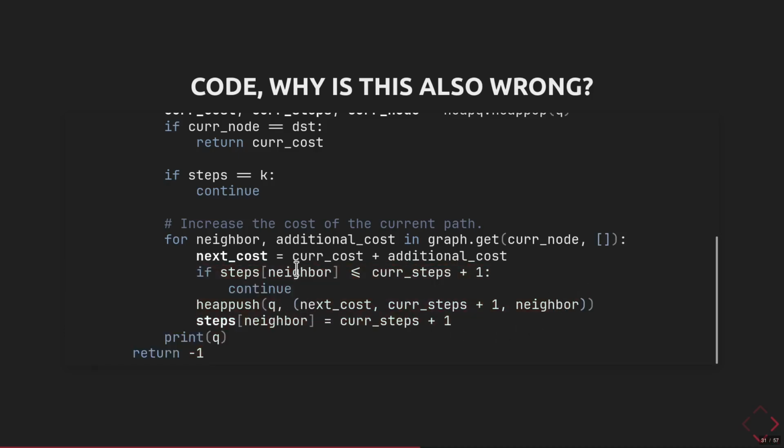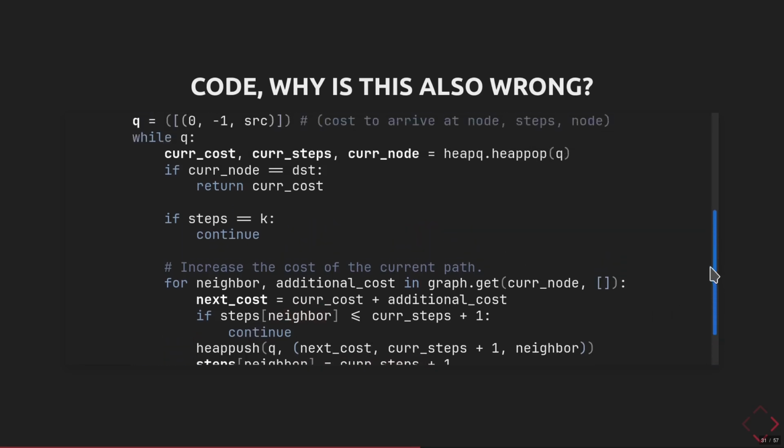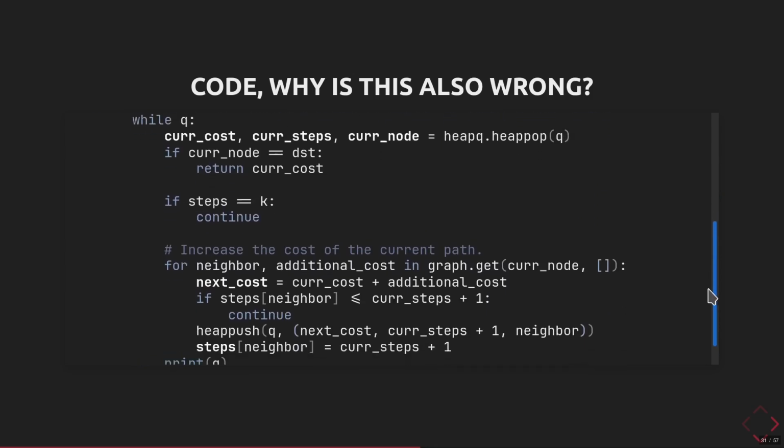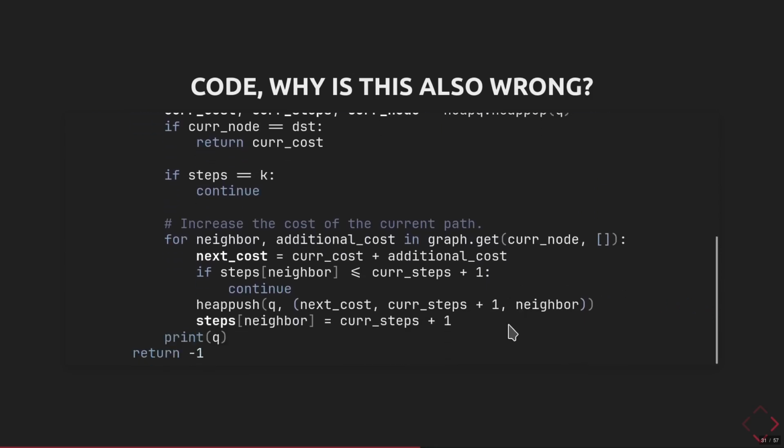I am simply going to ignore it. But if this costed less steps to get to this neighbor, I'm going to consider it, okay? And then I'm going to update the steps right here. Okay, so pause right now and try and figure out what's going to go wrong in this example.